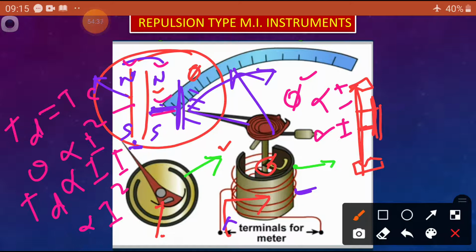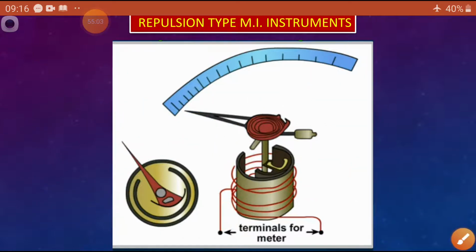Similarly here, the iron pieces are magnetized by the same magnetic field, which depends upon the current, so a deflecting torque is developed that is directly proportional to the square of the current. Hence the scale used in moving iron repulsion or attraction type instruments is not uniform. This is the overall idea, so let us see it in detail.